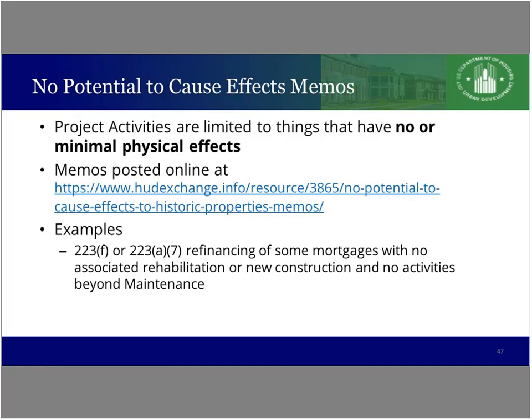There's one on 223(a)(7) for the refinancing of properties constructed after 1975, where the no potential to cause effects memo applies to debt restructuring. In that memo, there's an expiration date, since it refers to properties constructed after 1975. The memo expires in 2025, so that it may be reevaluated at that point.